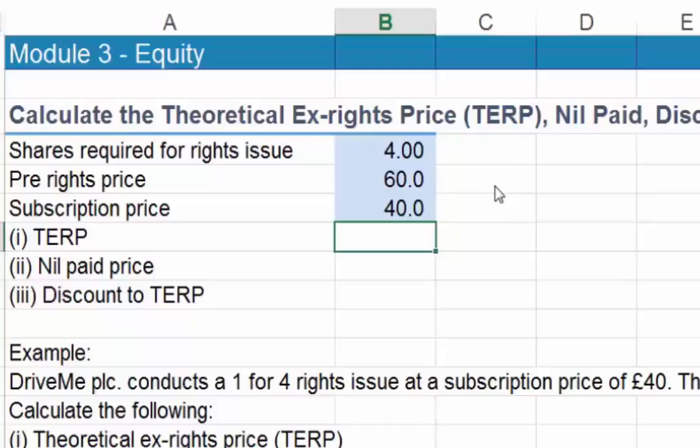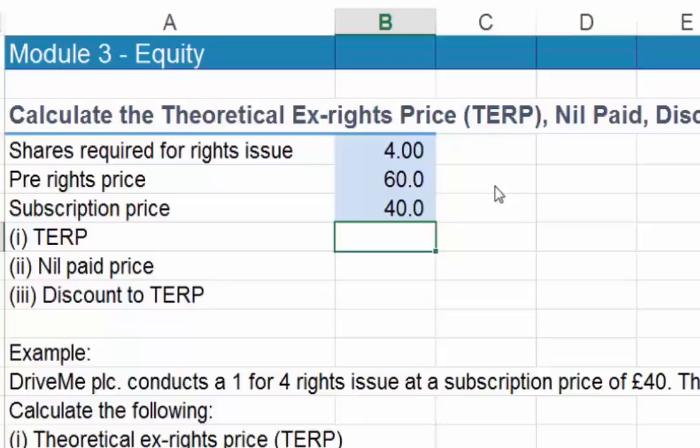So if you had a holding of £240, you can add another share at £40. 240 plus 40 is £280. So you now have a holding of £280 if you take this right up, but you now have 5 shares. So 280 divided by 5 is the exact equation we want.